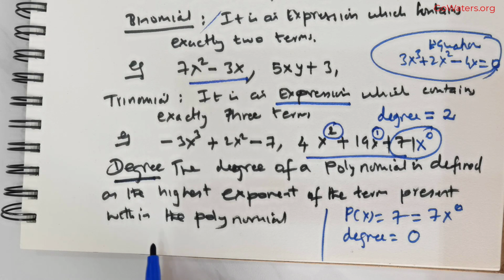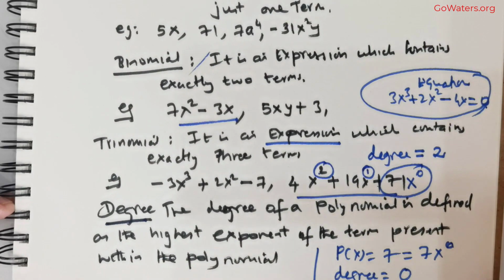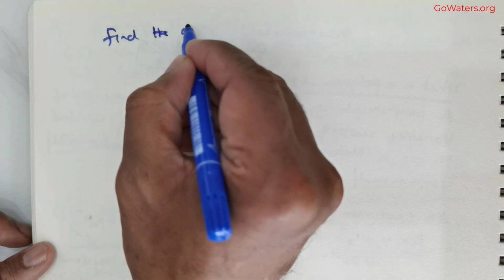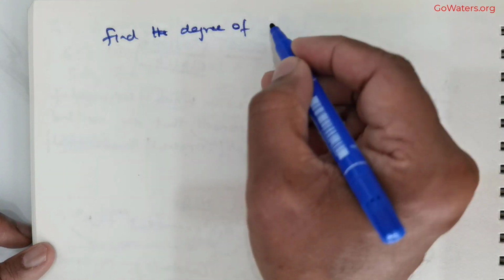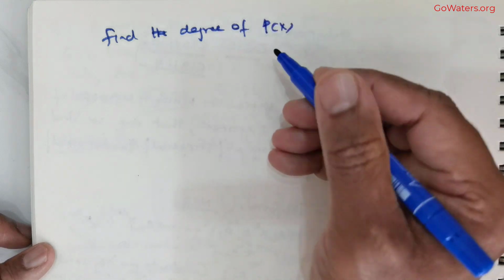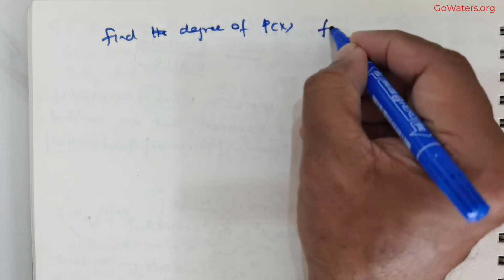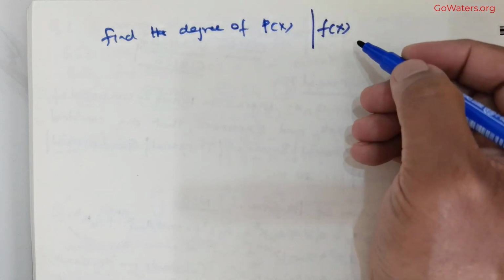Now, since we have come to the point of degree, let me give you some examples connecting degree. Find the degree of p of x. Usually a polynomial is represented as p of x, but it can also be represented as f of x.